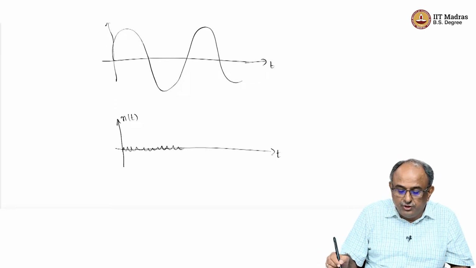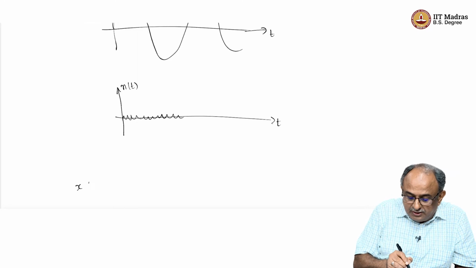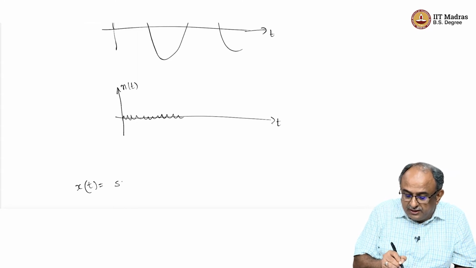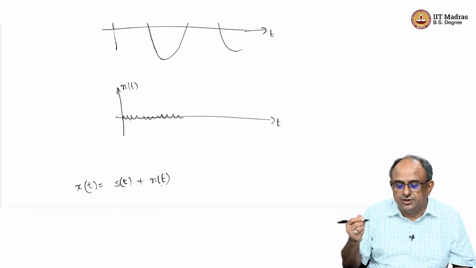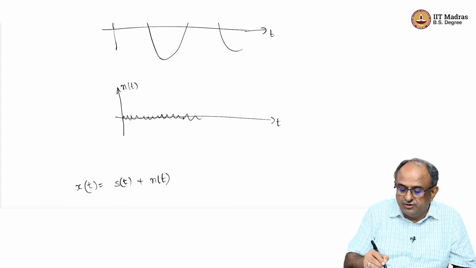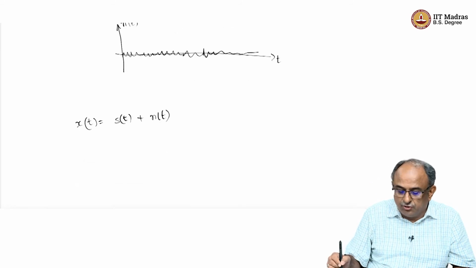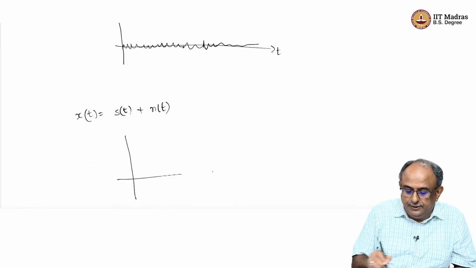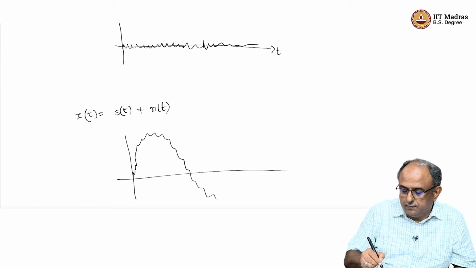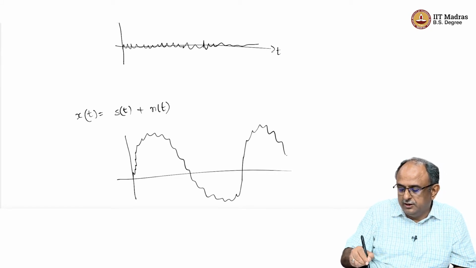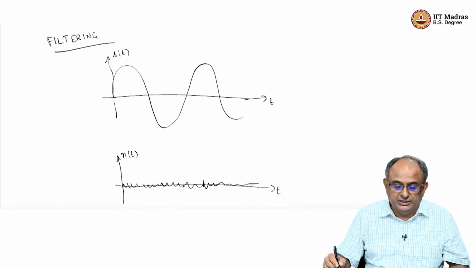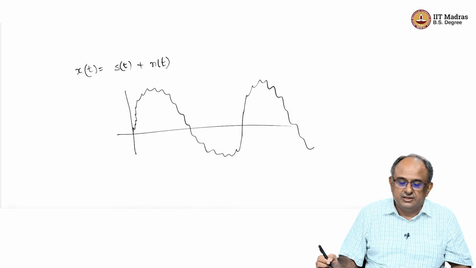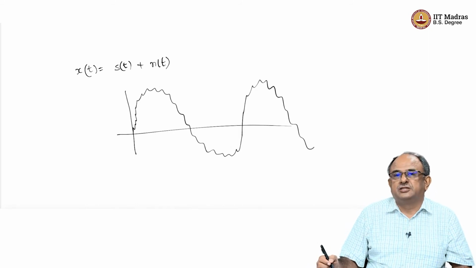Noise is something I cannot control, it is coming from nature. So my actual x of t will look like this, because I am adding the noise signal on top of the smooth signal, and this is my actual signal.